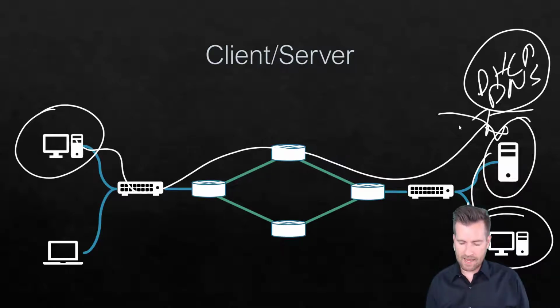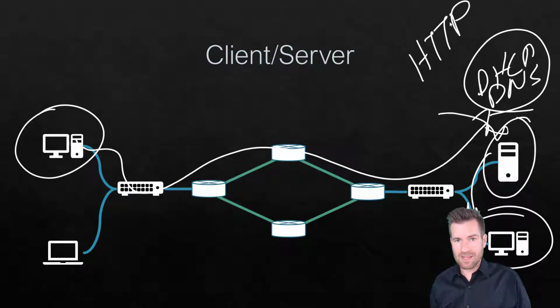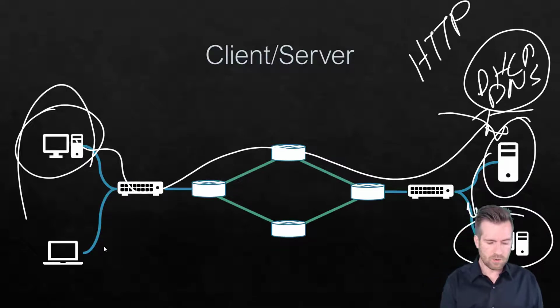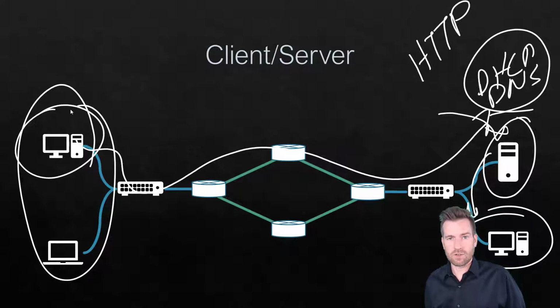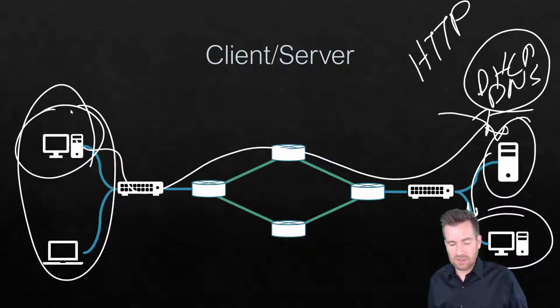It's most often the case, when you have a web server that's hosting HTTP, that it's probably on a separate network other than your traditional client machines or your LANs that have your users that are actually accessing those servers.